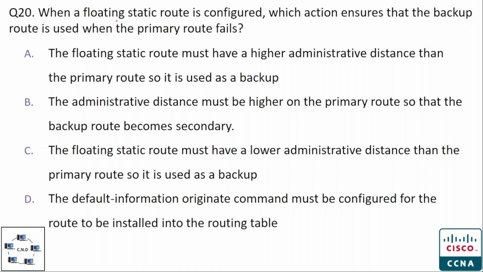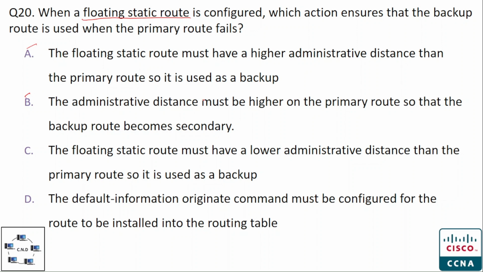Question number 20. When a floating static route is configured, which action ensures that the backup route is used when the primary route fails? And the options are option A, the floating static route must have a higher administrative distance than the primary route, so it is used as a backup.